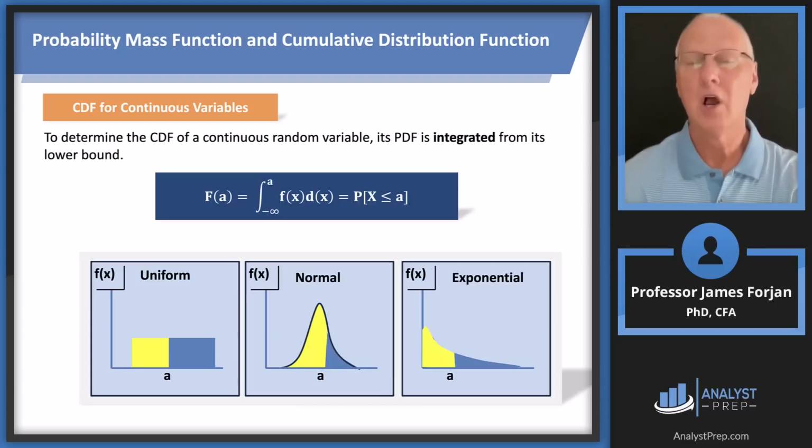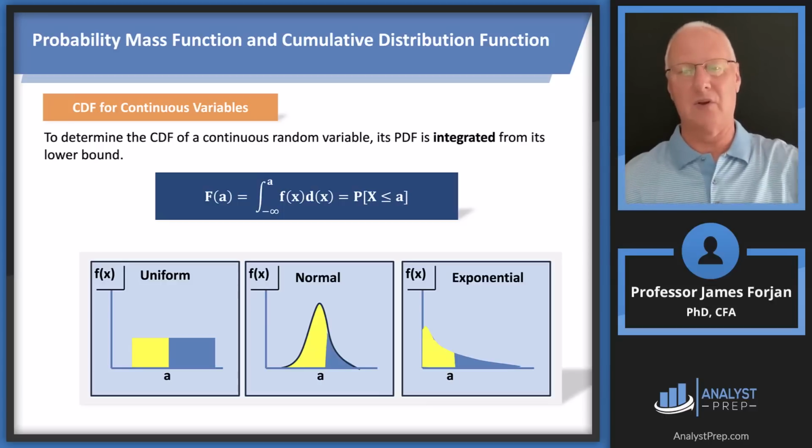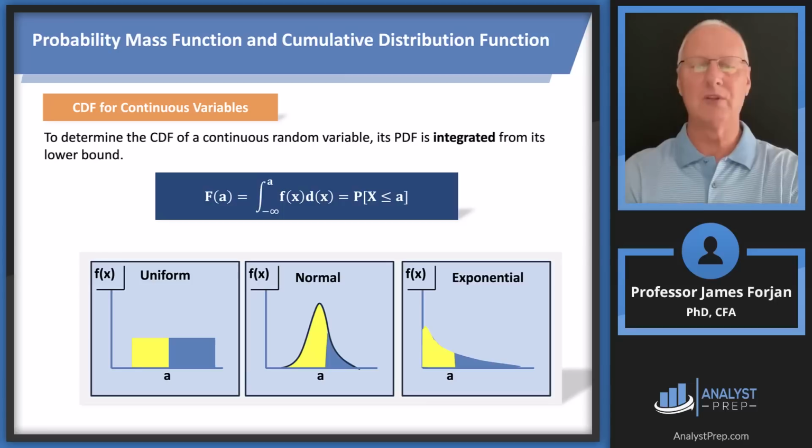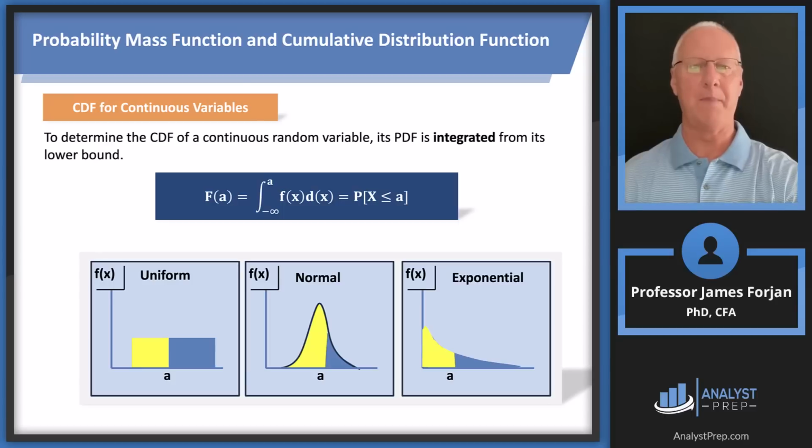What does it look like for the continuous function? Well, notice we're integrating from minus infinity, so that gets us all the way over to the left axis, all the way up to A. So once again, let's look at the middle normal distribution, that bell-shaped curve. There's A somewhere to the right of the mean. Remember, the mean is going to be at the peak.